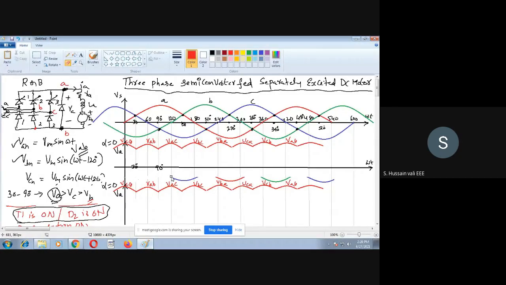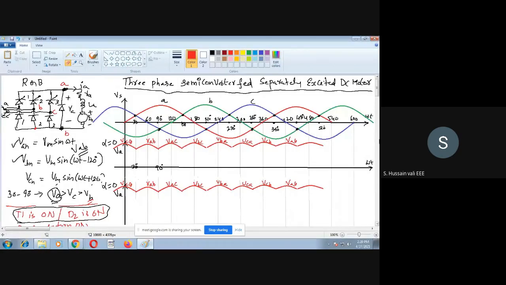I just want to show you that when alpha is greater than 0, how the waveform varies. That part will remain as it is. When I increase alpha greater than 0, that is how the waveform will vary.